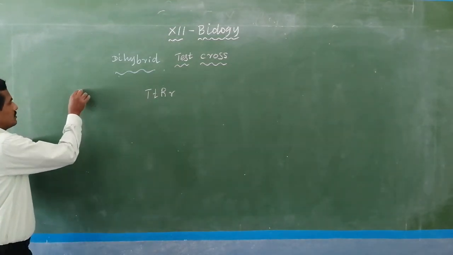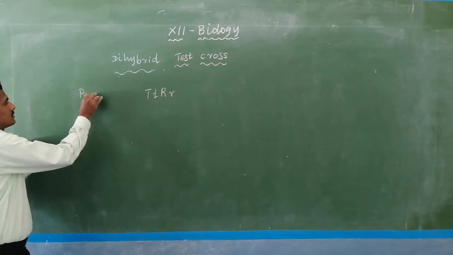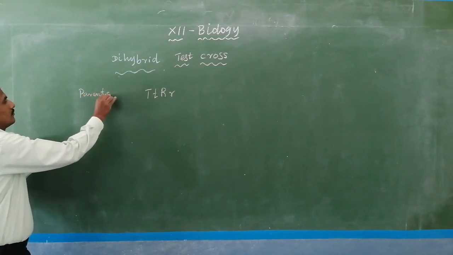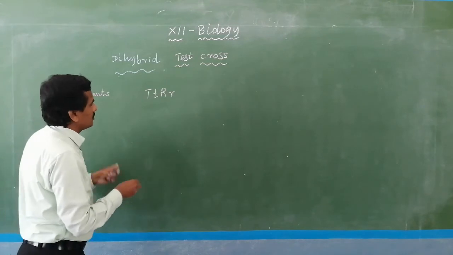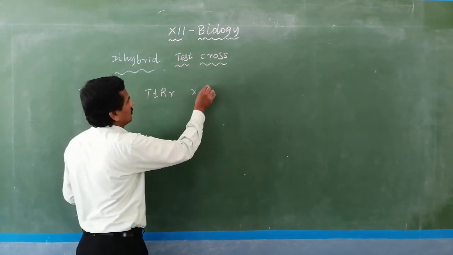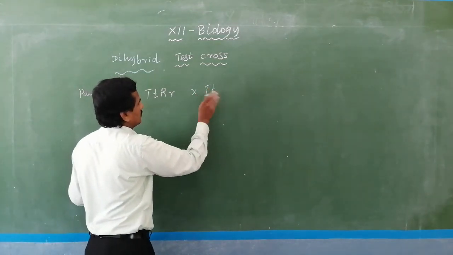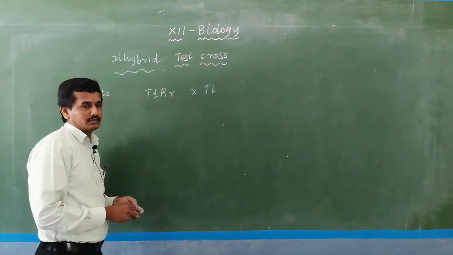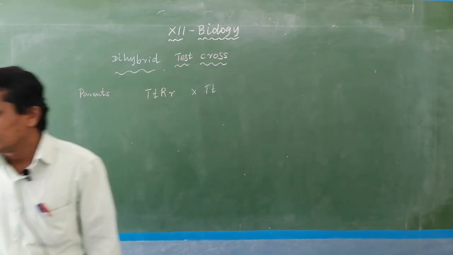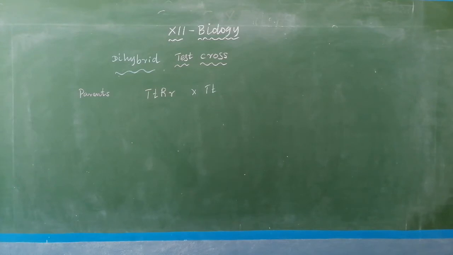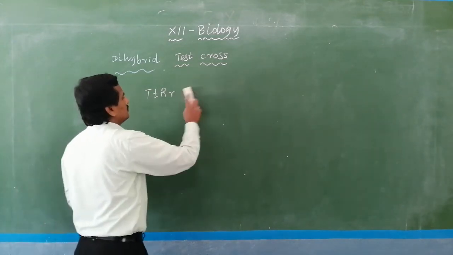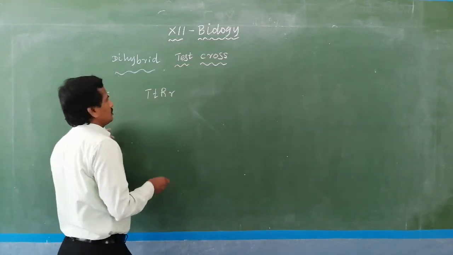The heterozygous you consider as a parent. In a normal dihybrid cross, a tall plant with round seeds is crossed with the same type of parent. Here the tall plant with round seeds is crossed with a recessive parent. Which one is the recessive parent?